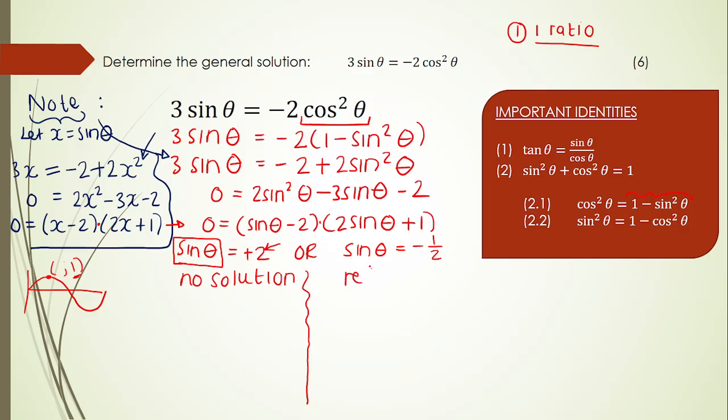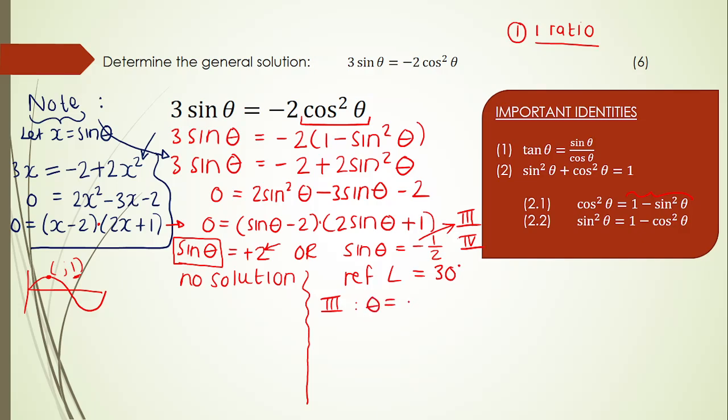Remember, our reference angle is in quadrant 1, so we'll just take the half, and if you arcsin the half, we are going to get 30. That's our reference angle. What quadrants are we in? Negative is quadrant 3 and 4. What is the angle in quadrant 3?